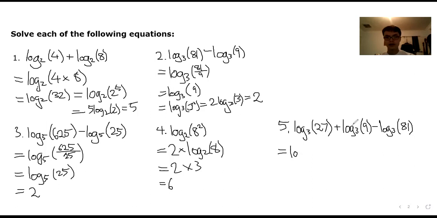Let's have a look at the first 2 logarithmic numbers. We're going to add log 27 base 3 and log 9 with base 3, so we're going to do that first. So we then have log 27 times 9 with base 3.